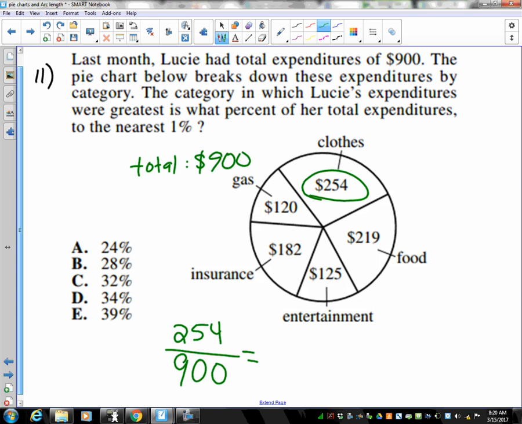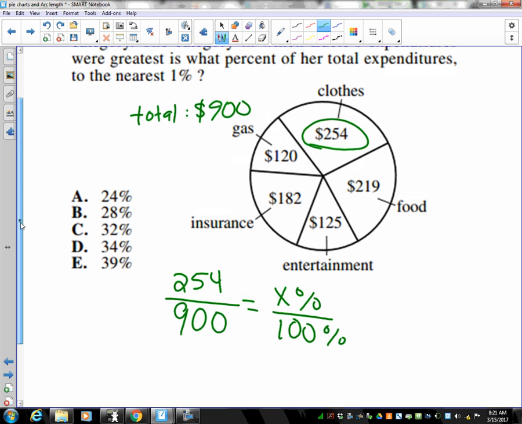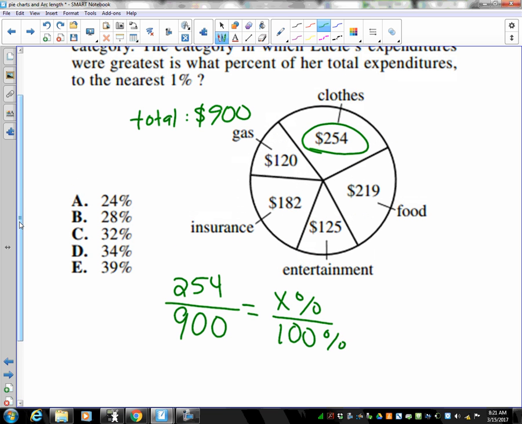Now, in terms of percents, we don't know what percent that is yet, but we should know that the total percent is 100%. And also note, a lot of these questions on the ACT, instead of asking you for the percent, might ask you for that angle instead.